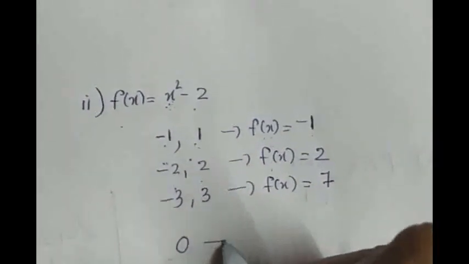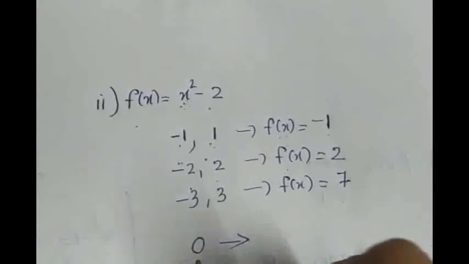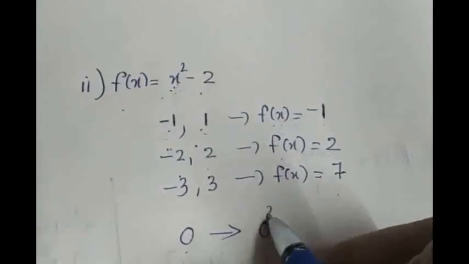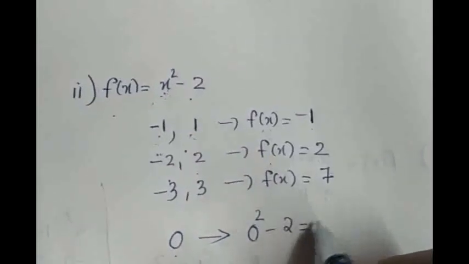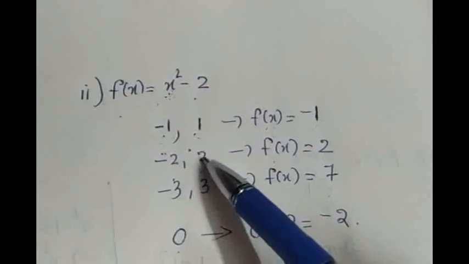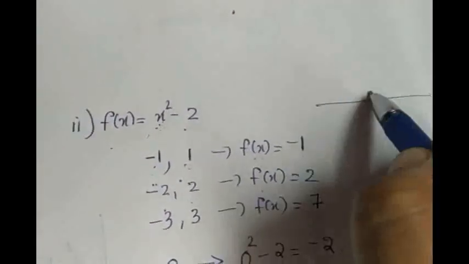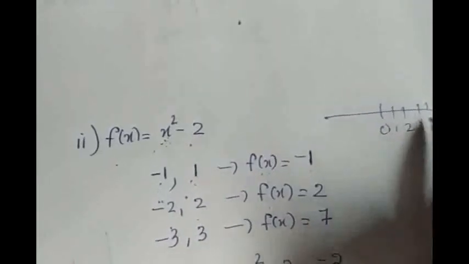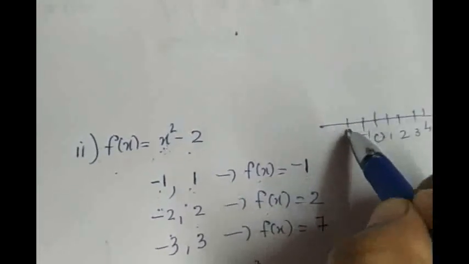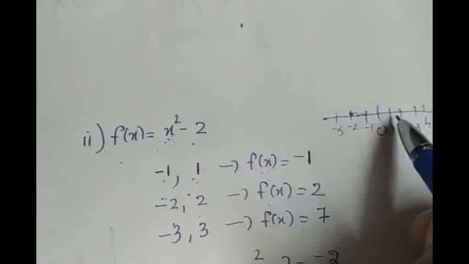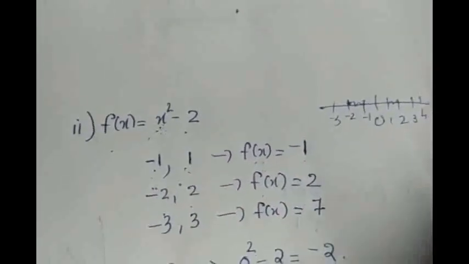If I put the value of x as 0 and calculate, f of x will be equal to 0 square minus 2, which gives you the value minus 2. Suppose I draw the number line 0, 1, 2, 3, 4, etc., and here minus 1, minus 2, minus 3, etc. For these values and these values, f of x remains the same.